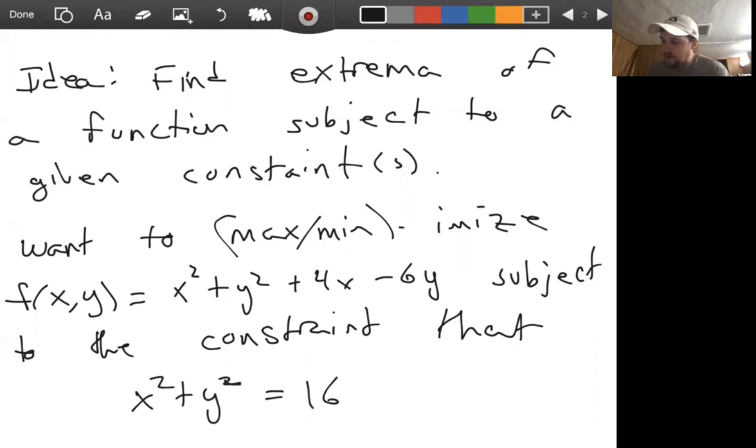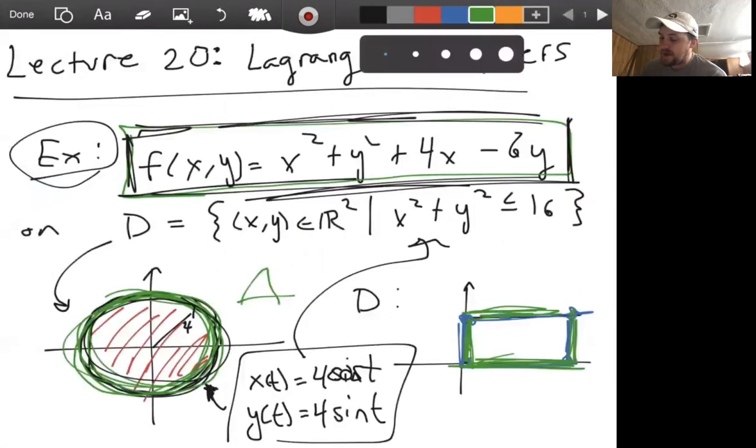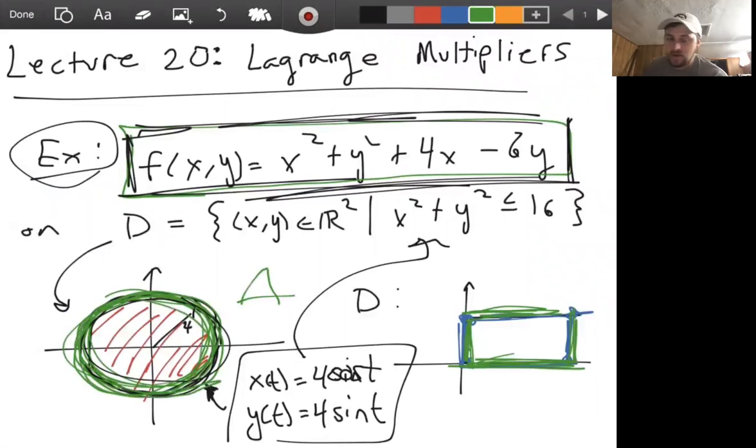If we're subject to this constraint, that's exactly what finding maximum and minimum values of the function along this boundary tells us.